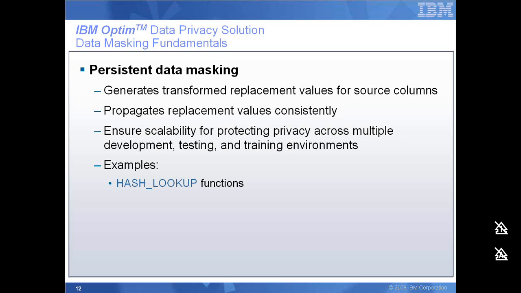Persistent data masking. Okay, this is another requirement of a robust solution, and Optim has got the feature of persistent data masking, which means that if there are two different tables or two different database repositories, and I'm using Optim Data Privacy Solution to mask the same data element, Optim will ensure that the same data is always masked and the end result is always the same, which means that it's basically following a persistent data masking technology or method.